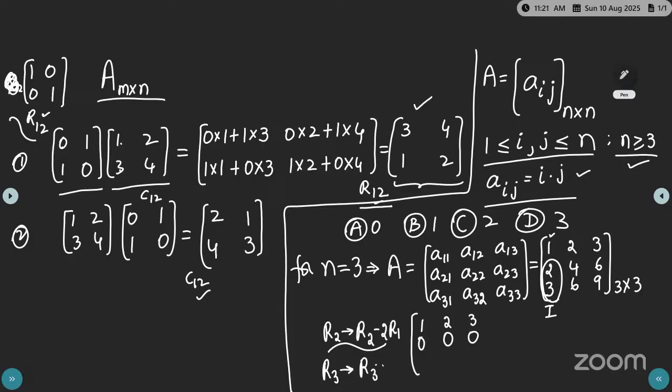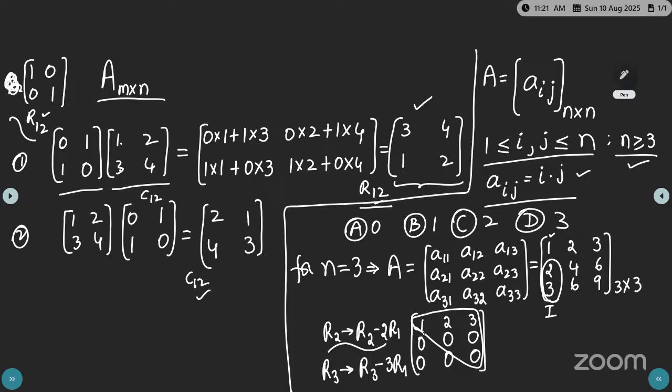R3 minus 3 R1, good. So what are you getting now? Zeros. It is in the upper triangular form, which we call echelon form. So how many non-zero, non-equivalent rows are there?